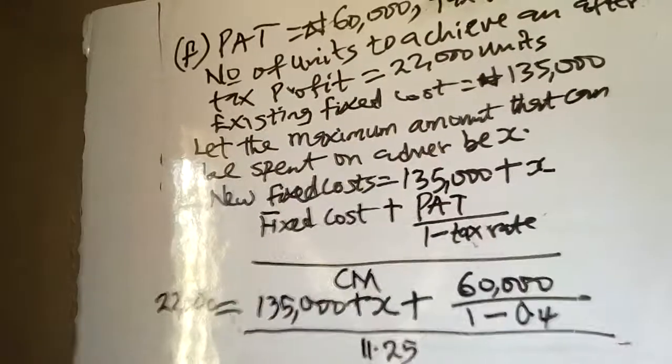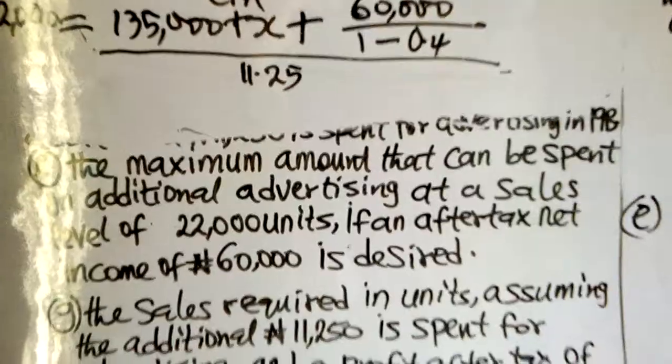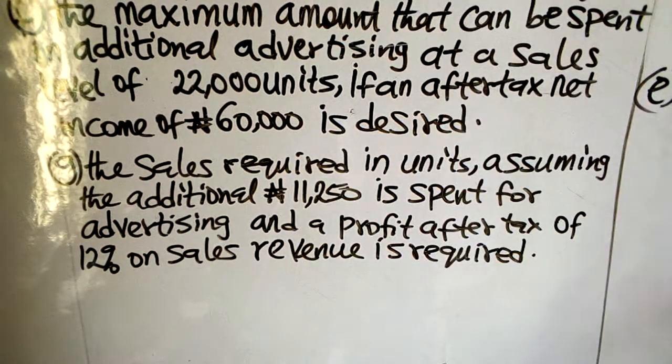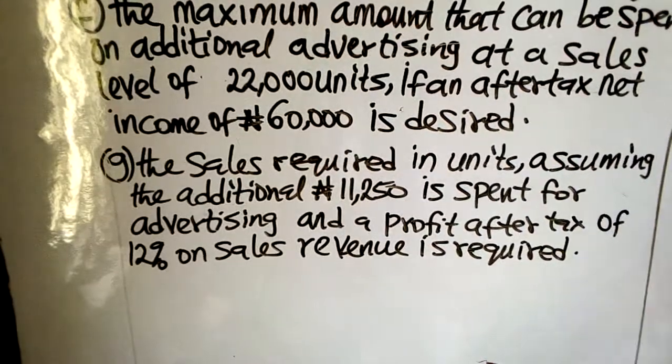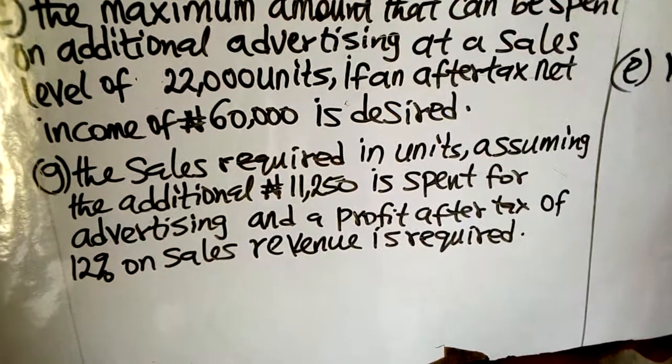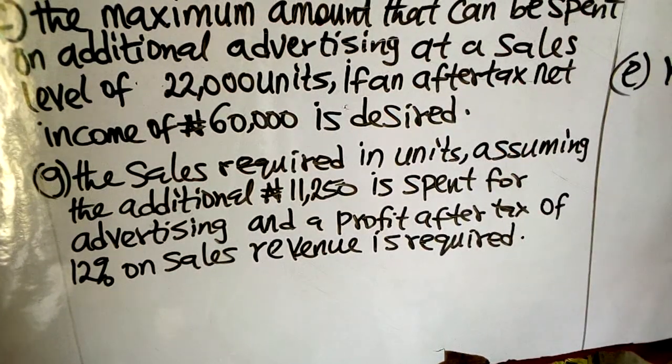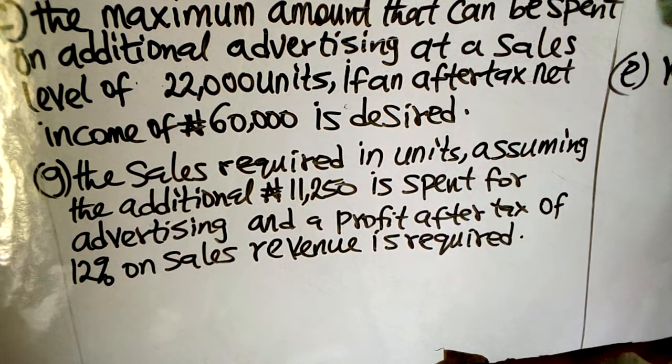Finally, the requirement G. So this is part 1. Part 2 shall cover the break-even in a multi-product company, or multi-product break-even analysis.